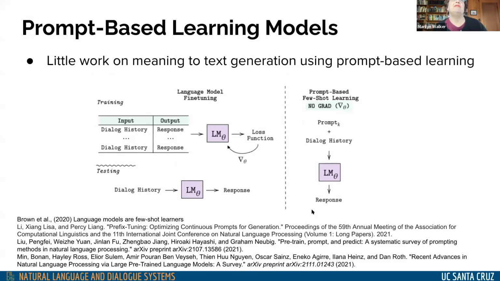There's been a pretty small amount of work on meaning to text generation using prompt-based learning. It's a very active area. This work by Li and Liang on prefix tuning actually works on meaning to text generation. But at the time that we did this work, we weren't familiar with that.